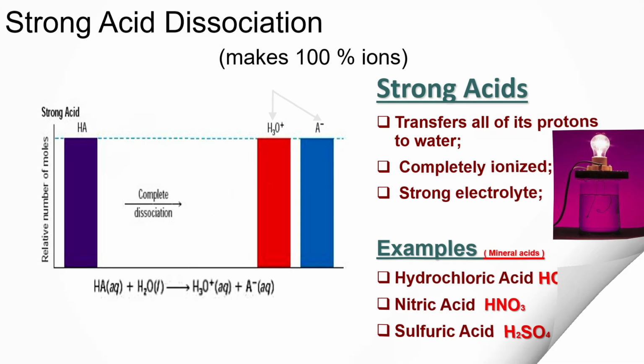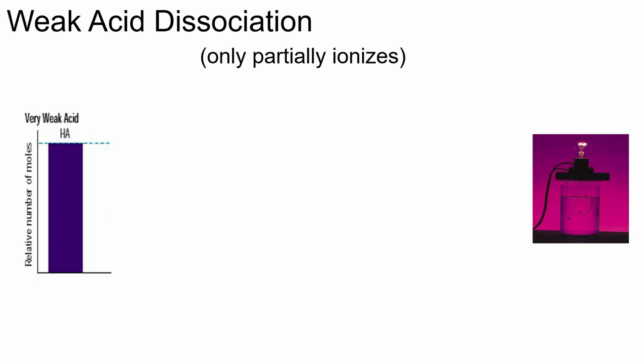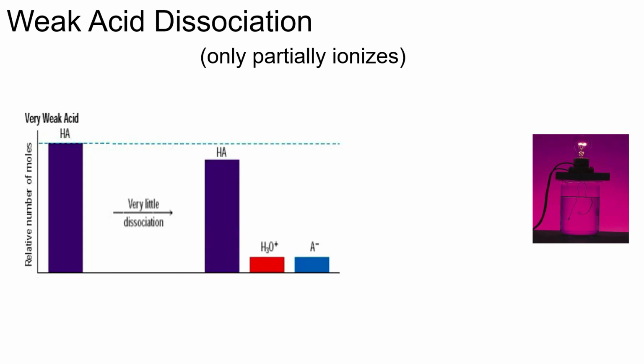What about weak acid dissociation? Weak acid only partially ionizes. If you are given 100 molecules of HA as a very weak acid, like ethanoic acid, like vinegar, very little dissociation takes place, so a little amount of the acid dissociates. Only this part dissociates into two types of ions, H plus, which combines with water to form hydronium ion, H3O plus, and A minus.